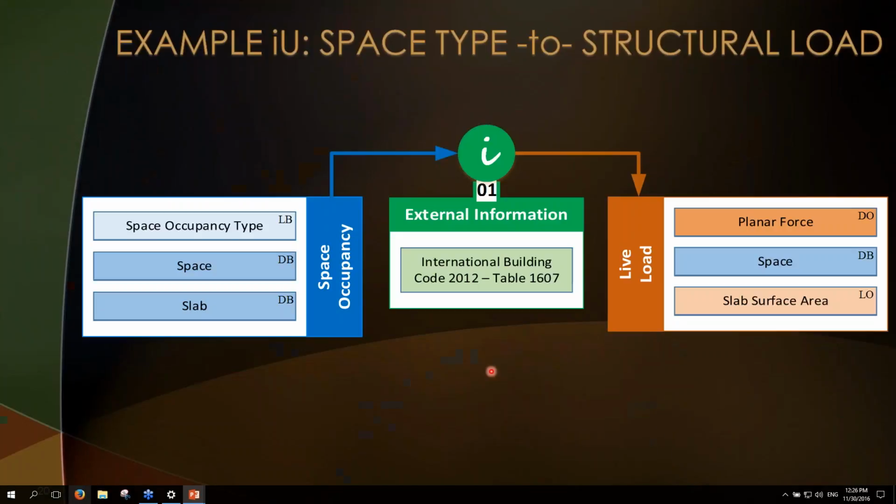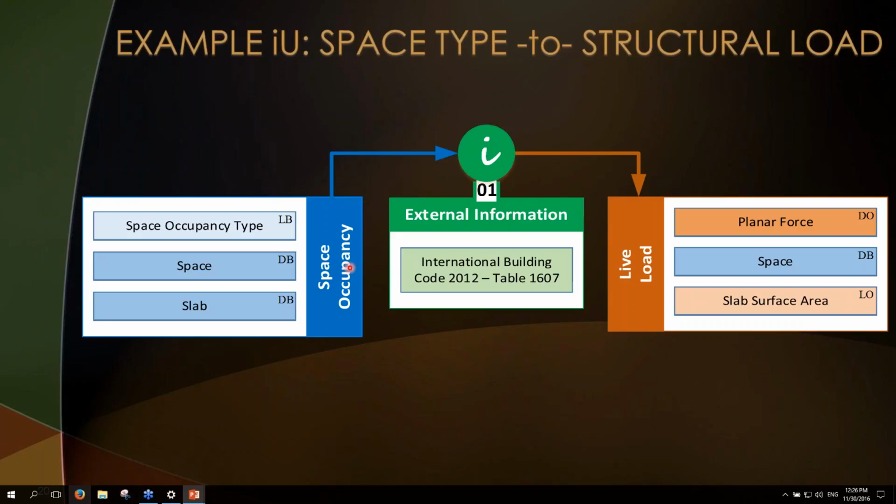To give you a better idea about this definition methodology, this is an interpretation unit. In the concept layer, we want to identify the live load. We want to calculate the live load of the building structure based on the type of space we have in the building.